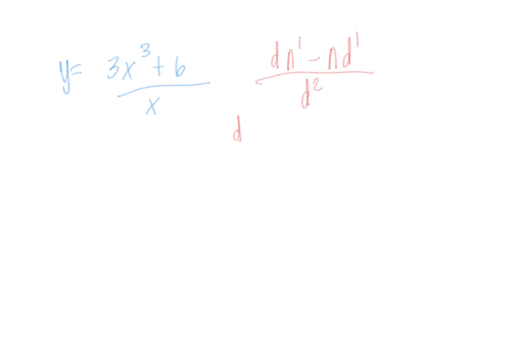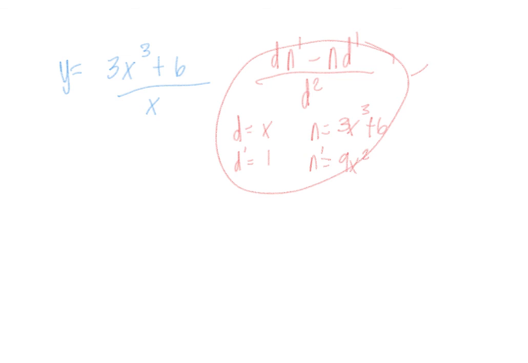I could say the denominator is x, and the derivative of the denominator is 1. 3x cubed plus 6 is the numerator. The derivative of that is 9x squared. And I could do a quotient rule. Okay?